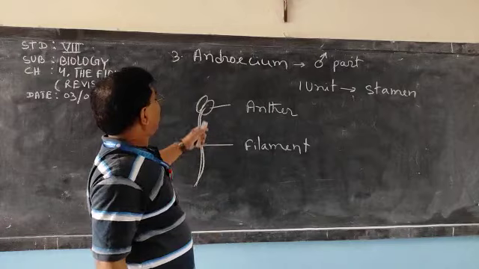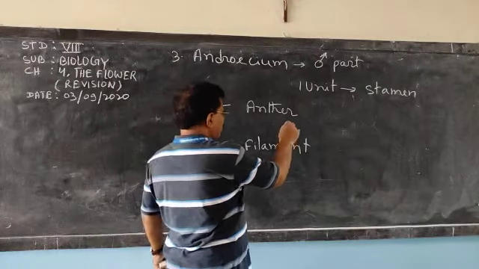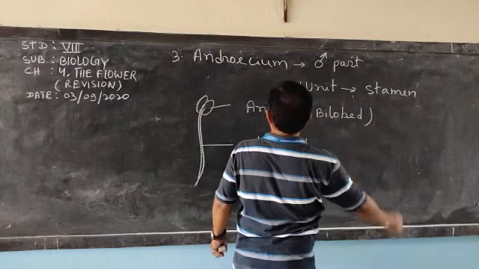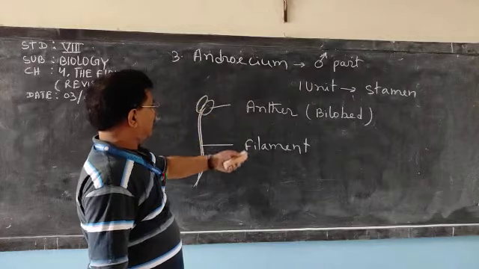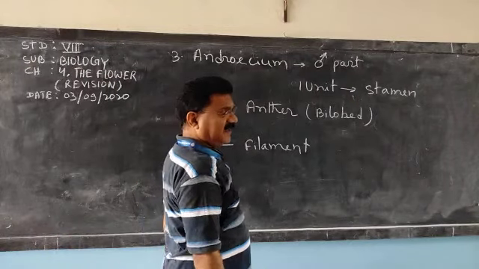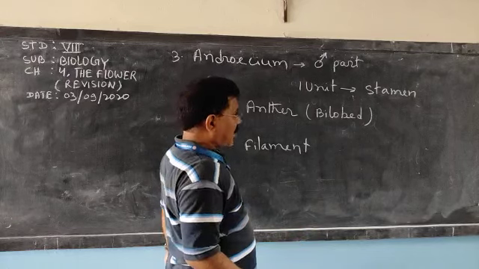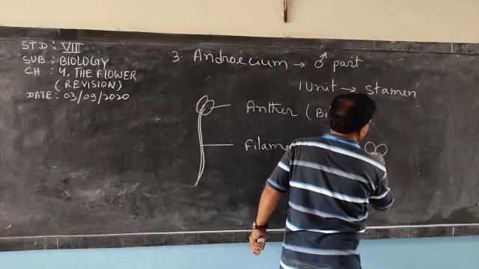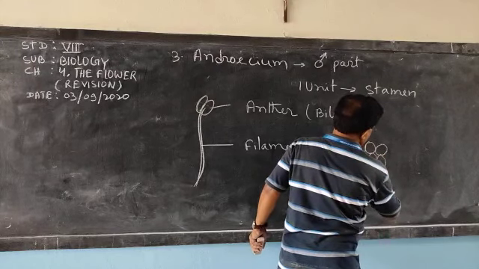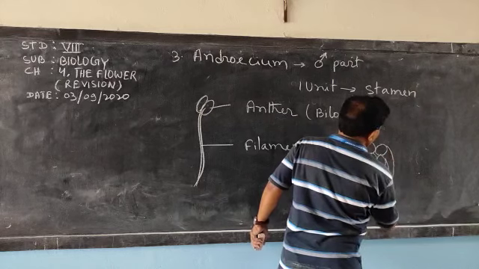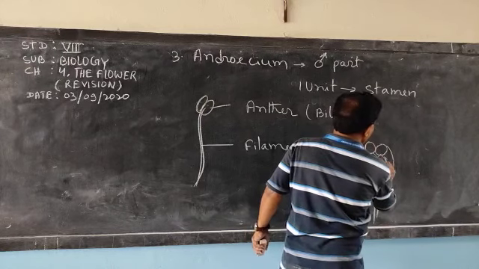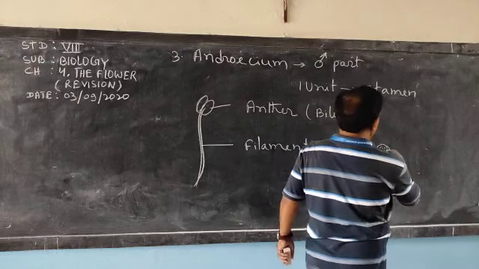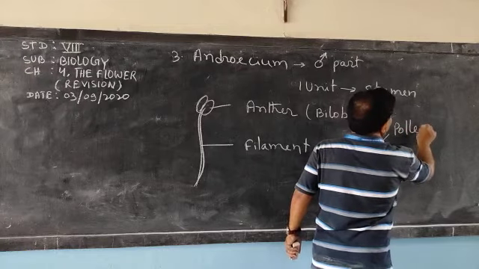And the anther has two lobes, so they are bilobed. If you cut the anther and see it in the microscope, four chambers you can see. These four chambers contain some powdery material, and these powdery materials are the pollen grains.